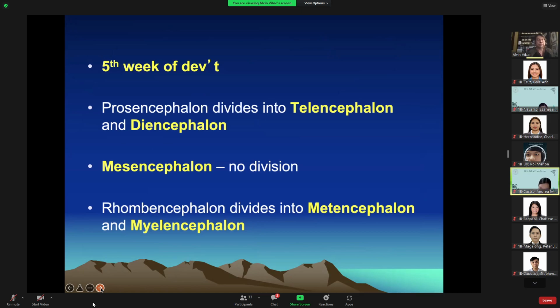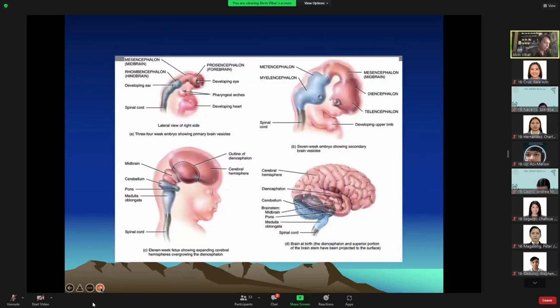Okay, very good. So here, I'm going to attach a video, kasi yung video na in-upload ko, hindi ko ma-play sa PowerPoint, but I'm going to attach it later. So you can watch it and visualize kung ano pong nangyayari. From 3 primary brain vesicles formed during the 4th week of human development, it will subdivide to become 5 secondary brain vesicles formed during the 5th week of human development.